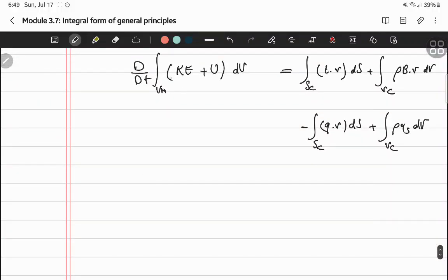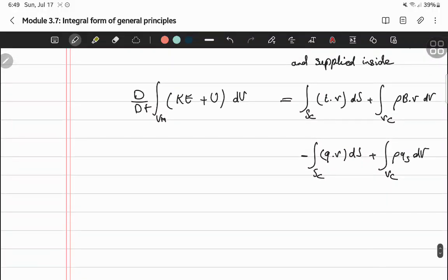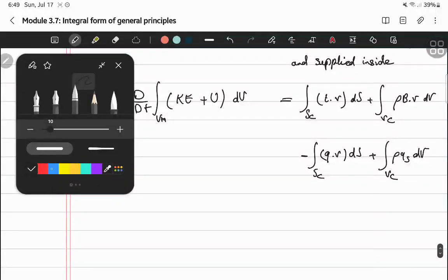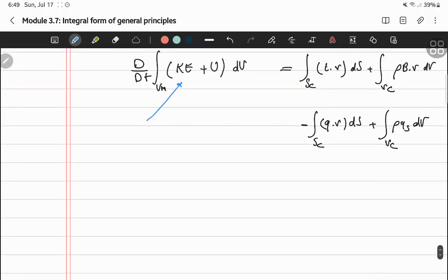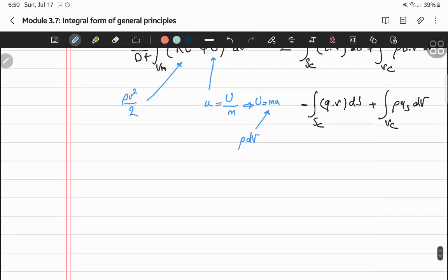So this one here can be written as rho v squared divided by 2, and we know that small u is U divided by mass, so U can be written as m u, or rho dV.